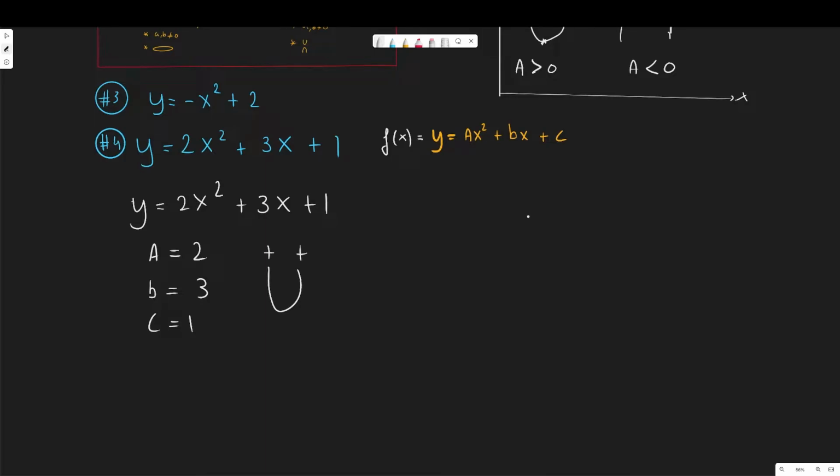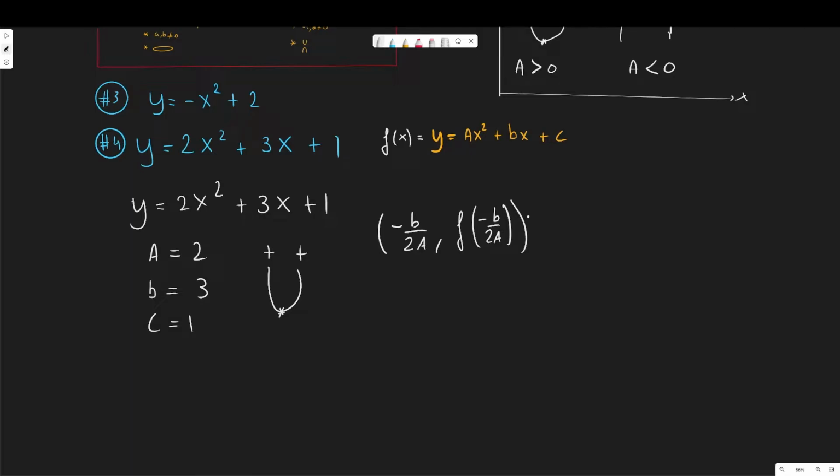Remember the smiley face. So now the only thing we need to do is to find the lowest point of that parabola, which is denoted by our formula negative b over 2a for our x coordinate and negative b over 2a filled in our function for our y coordinates.